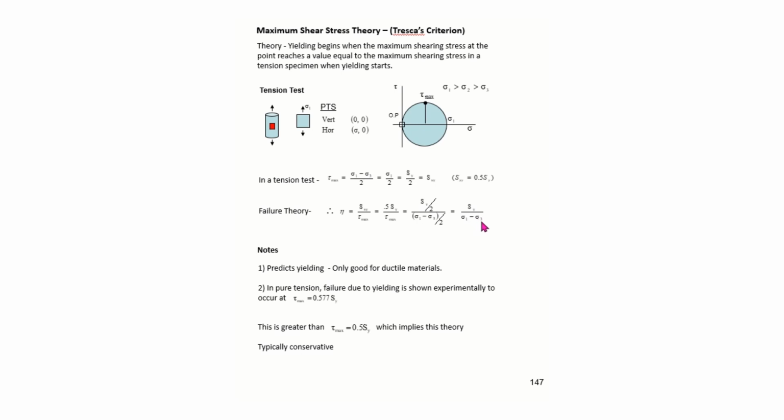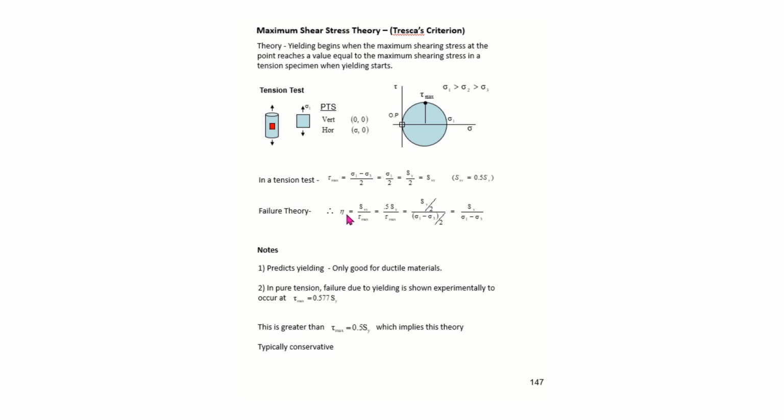So the idea of what we do is we put in our sigma 1 and our sigma 3 here for our stress state, and we divide SY by that quantity, and if that quantity is greater than 1, then we're safe. If it's less than 1, we fail.